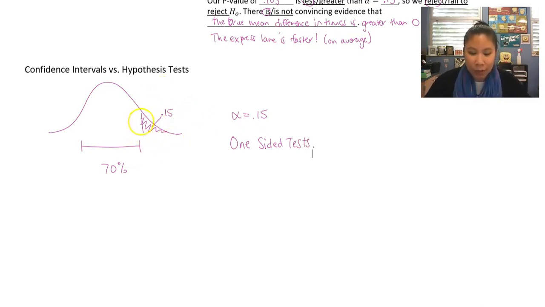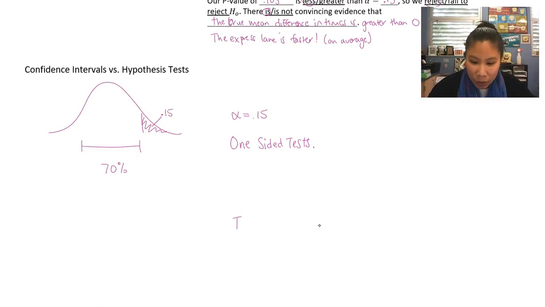Because of that rejection region where the significance level is, because we're only rejecting on one side, that middle percentage is still different because a confidence interval always includes both sides of the normal curve.